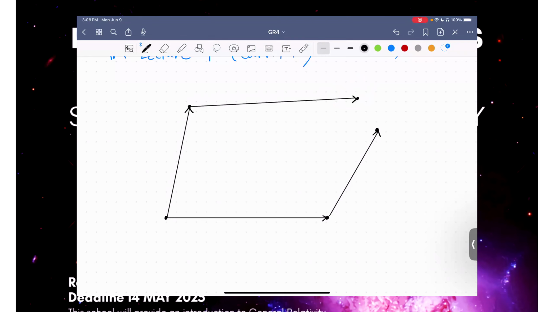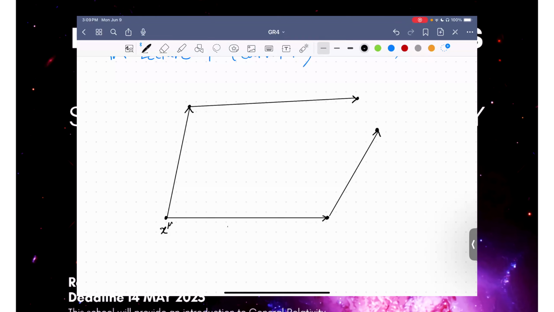This is going to be our starting point. Let's call it x. By x, I really mean that there are a bunch of coordinates, right? So x1, x2, x3, x4, etc.